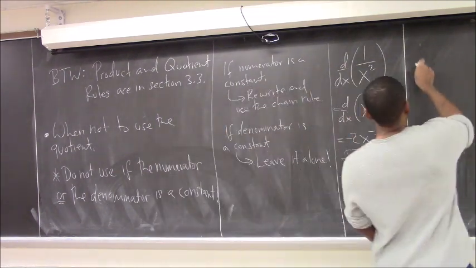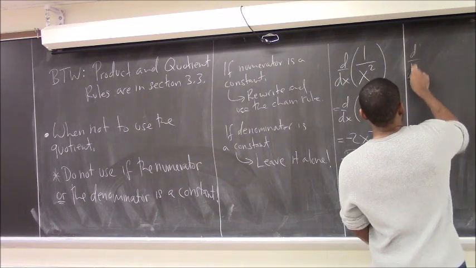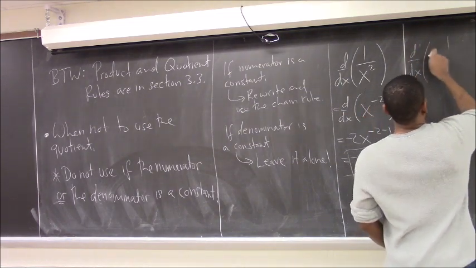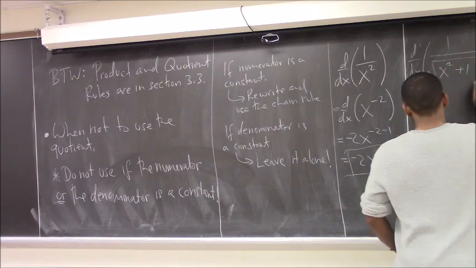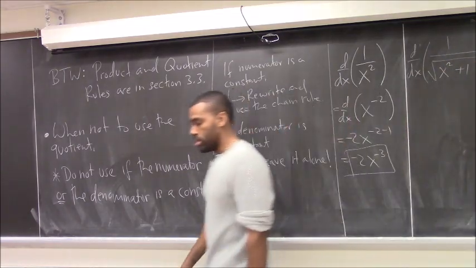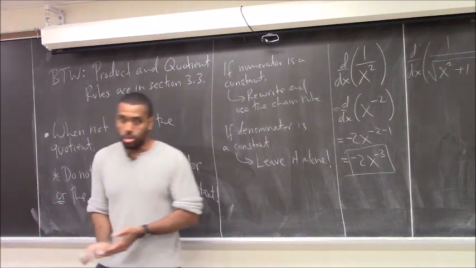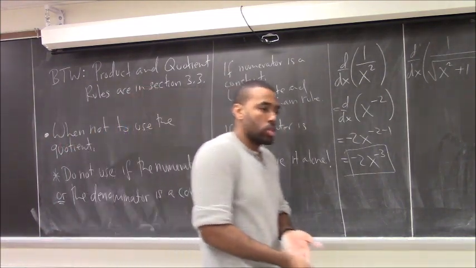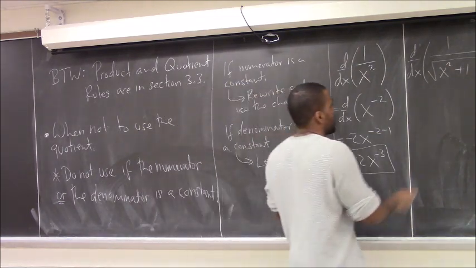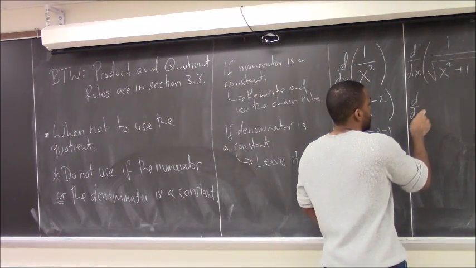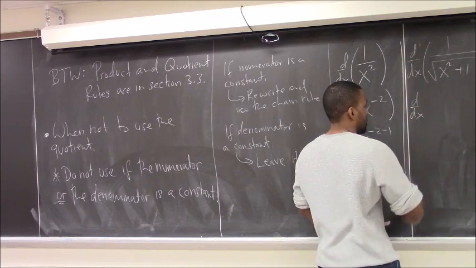It can look a little bit more complicated even, so I could have something like 1 over the square root of x squared plus 1. It's another fraction. You might think, oh, it's a division, I should use the quotient rule. Quotient rule will be overkill in this case as well, because you can actually rewrite that. How could you rewrite that?